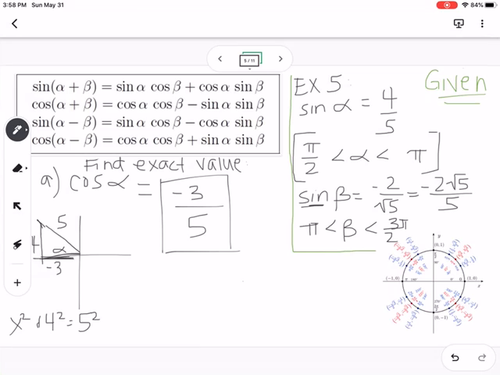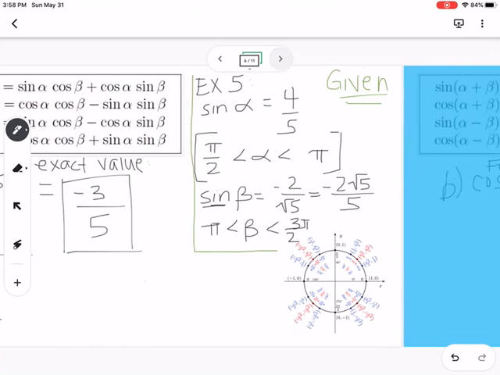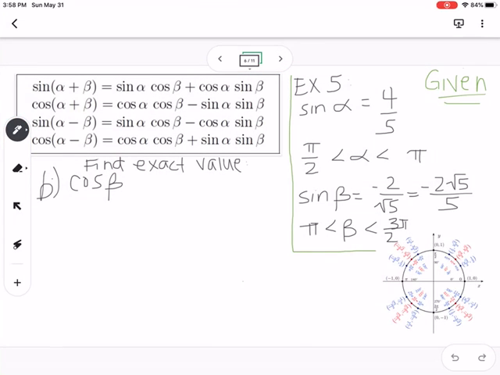Okay, because now this is still example 5. This is part B. Now we want the cosine of beta. And again, they gave us that beta is between pi and 3 pi over 2. Let me undo that, I want to get some more space here. Okay, so it's in the third quadrant.